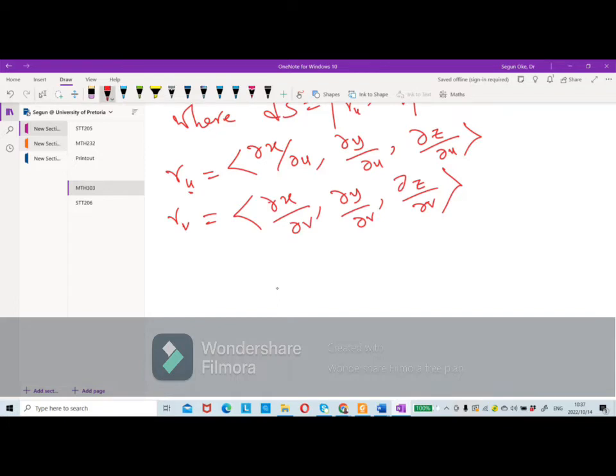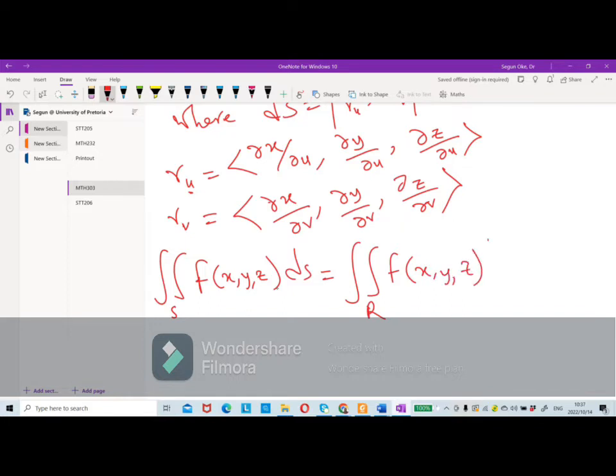The same way we've been talking, when you have the integral of f of x, comma y, comma z, dS, it is the same thing that will now translate to the double integral over the region R of f of x, comma y, comma z, times the absolute value of Ru cross Rv, du dv.